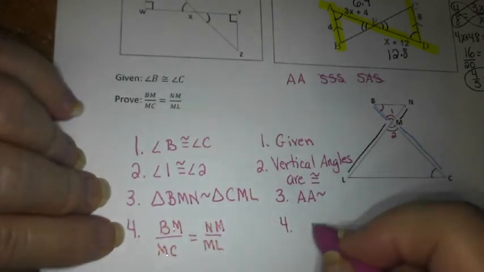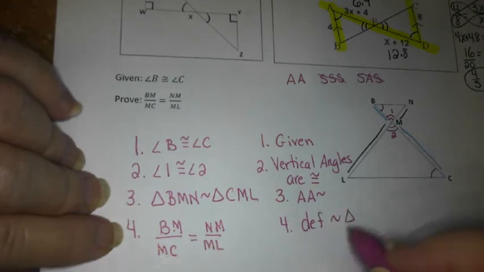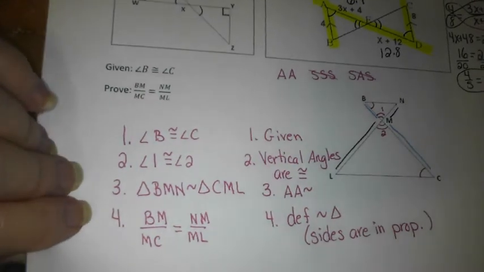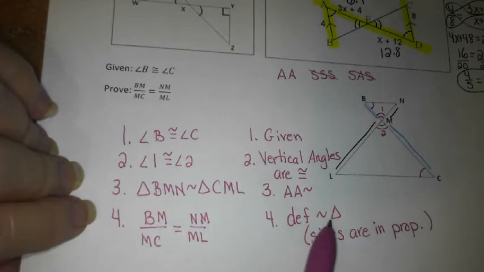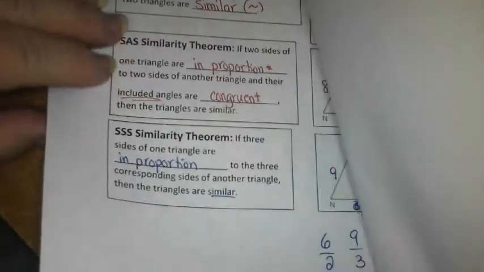And for this one, I'm going to write the definition of similar triangles. And I might just write a little note that the sides are in proportion. I'll say prop. If the triangles are similar, the sides are in proportion, because that definition said similar triangles do two things.